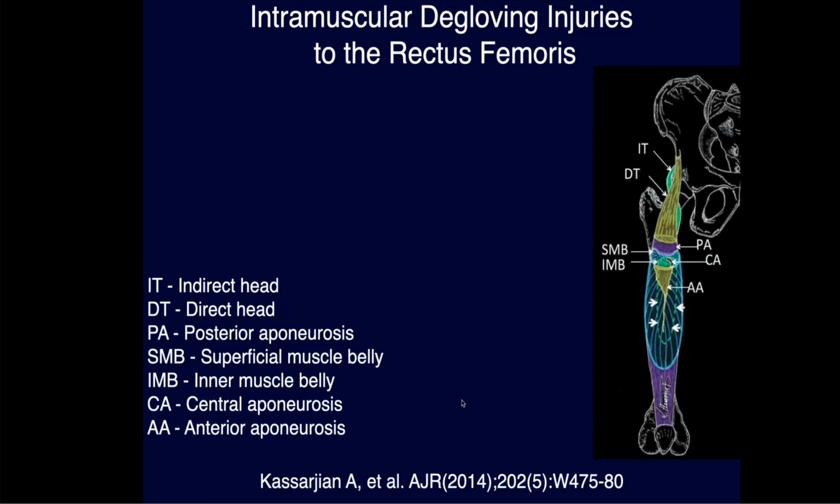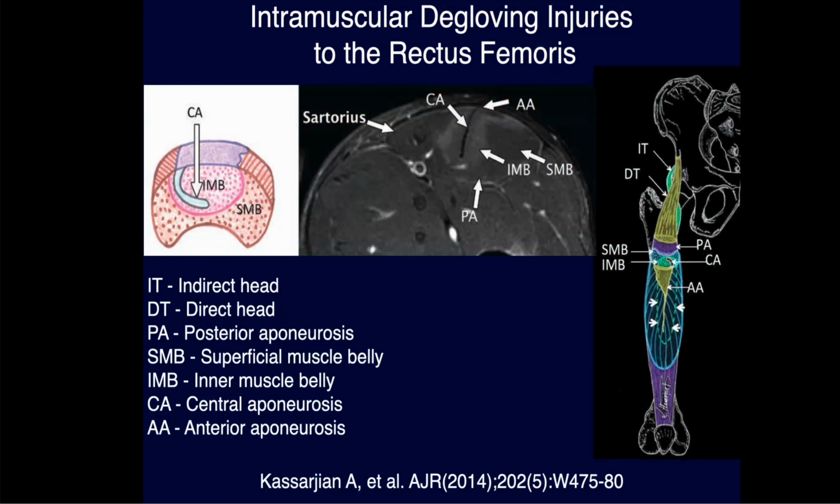And here's another article that looked at intramuscular degloving injuries to the rectus femoris, which are these injuries really at the musculotendinous junction, predominantly proximally here. And then this just shows that area centrally here where you can get the injury to the surrounding muscle at the musculotendinous junction.